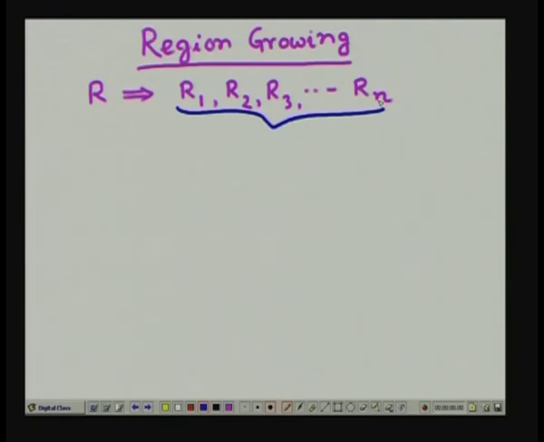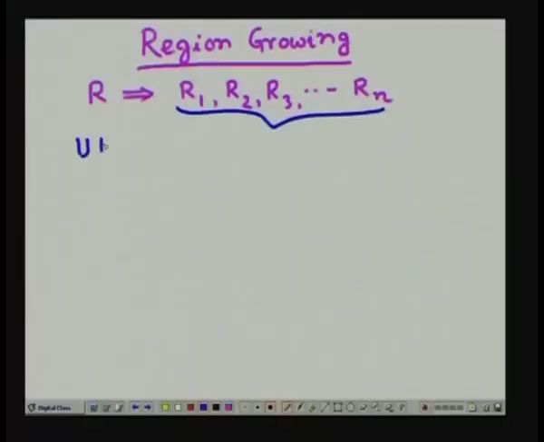The properties are, if I take the union of all these regions R I, union over I, this should give me the original image R. That means none of the pixels in the image should be left out. It is not that some pixel is not part of any of the partitions.